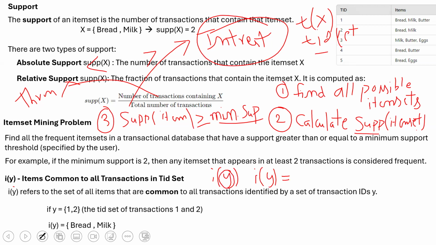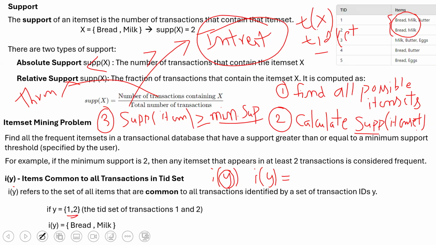Let's suppose you are given transactions 1 and 2. What is the intersection of the items of these two? Bread and milk is the intersection. These two are common in both transactions. That is called the itemset common to all the transactions.